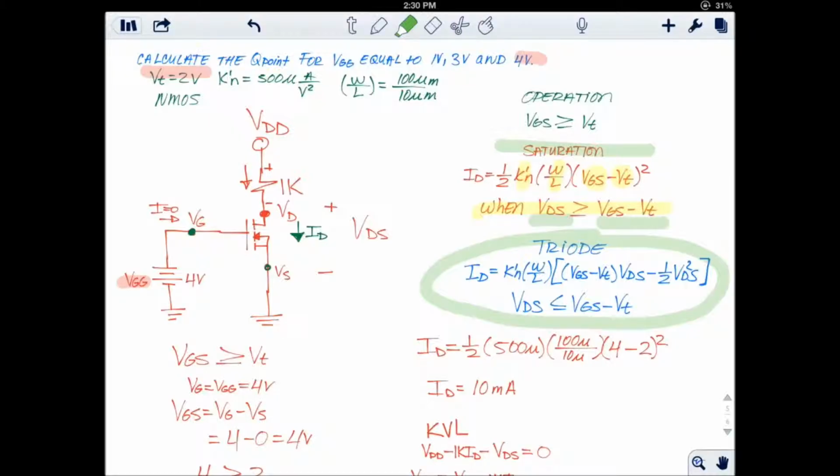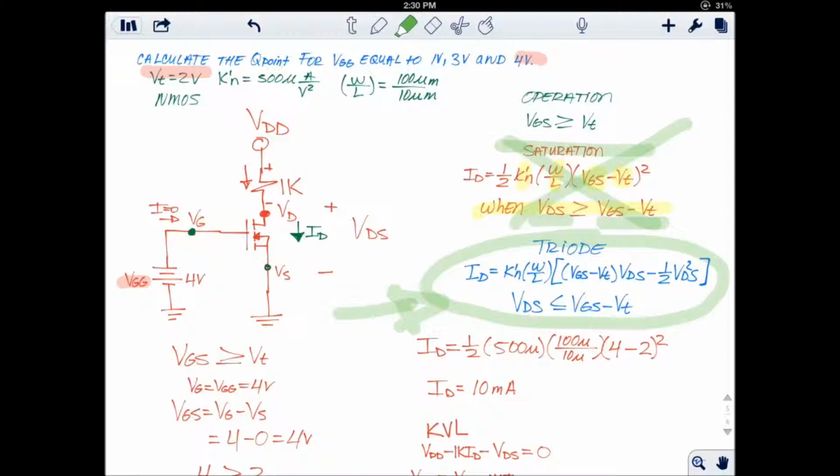In the last section, we concluded that the MOSFET was not in the saturation region, so we couldn't use this equation, but we had to use this equation.